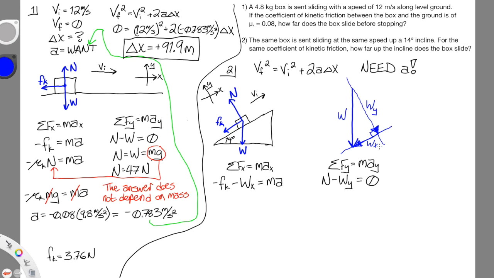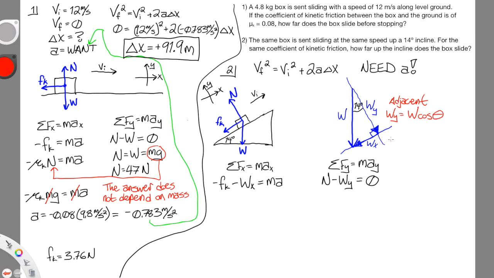Based on a little bit of geometry, that 14 degrees lives up here at the top of this triangle. So this means that wy is the adjacent side to that angle, which means that wy is the weight, or mg, times the cosine of theta, because it's the adjacent side.